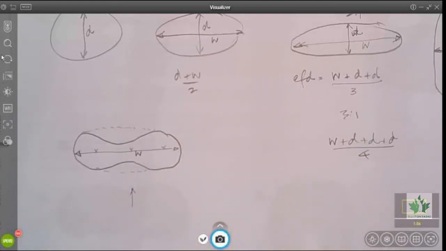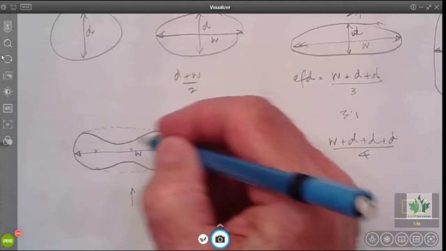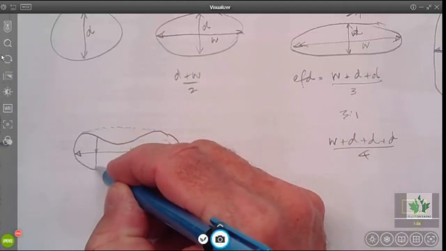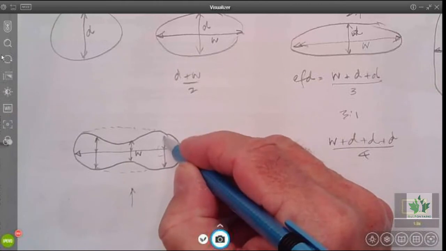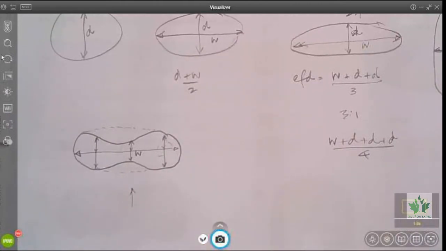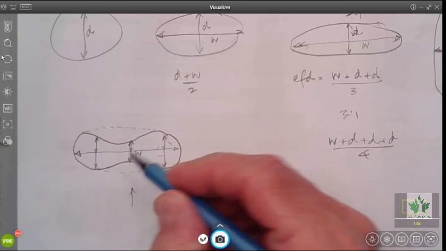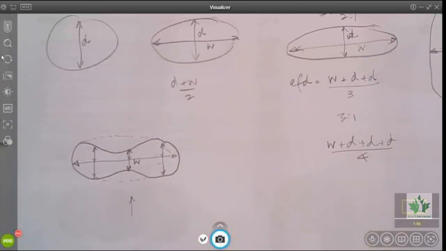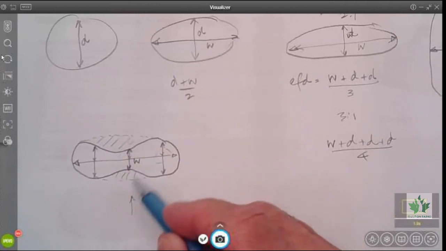And pretty much every day, this pin is going to be somewhere in here and whatnot. So what we usually do is we take a reading of the depth there, we take a reading of the depth there, we take a reading of the depth there, and we simply average them. And that seems to produce a result that accounts for the fact that one of the depths is so much smaller than the other 2 that you shouldn't include this area here that you would include if you took a simple oval.